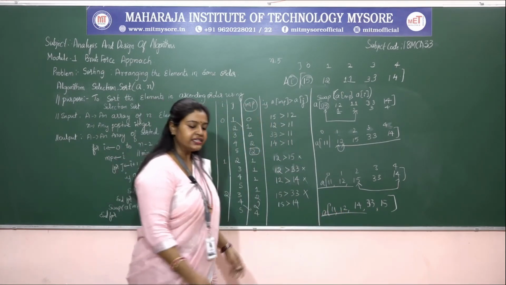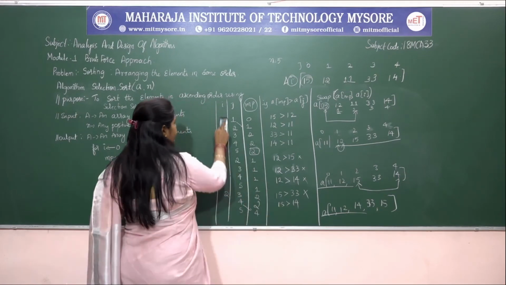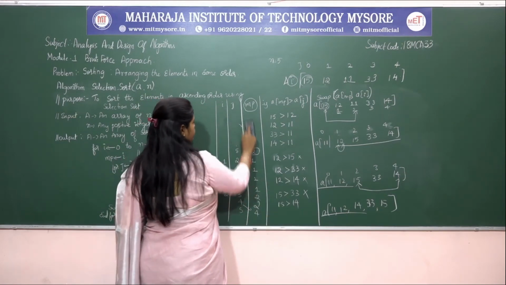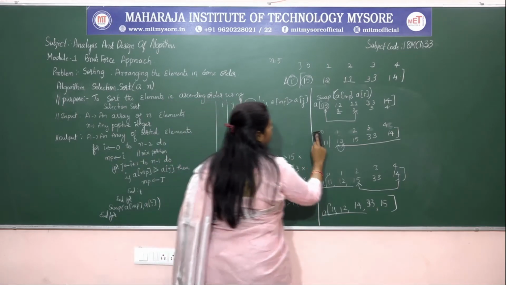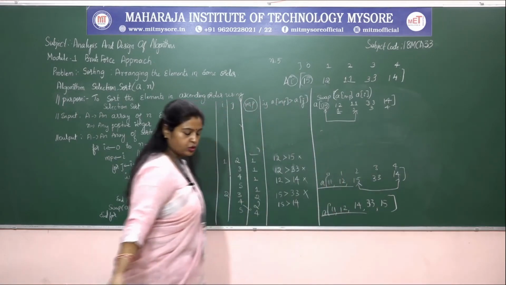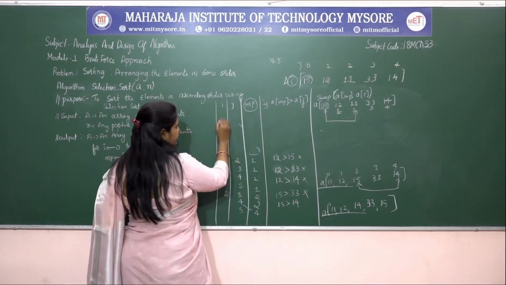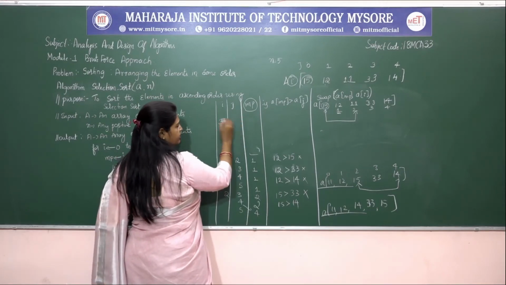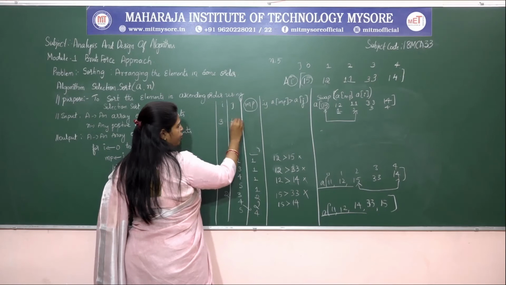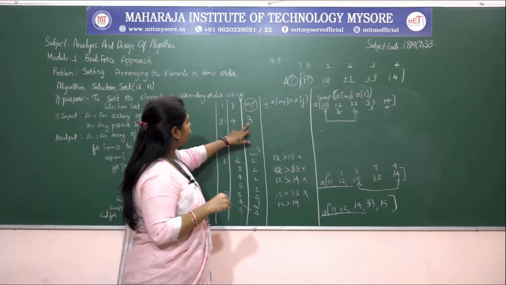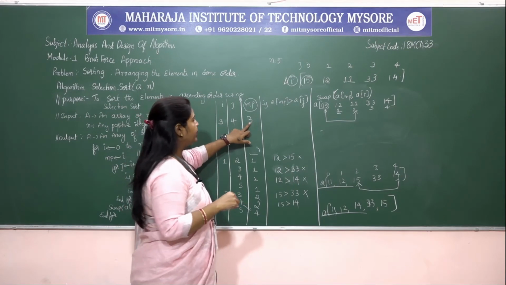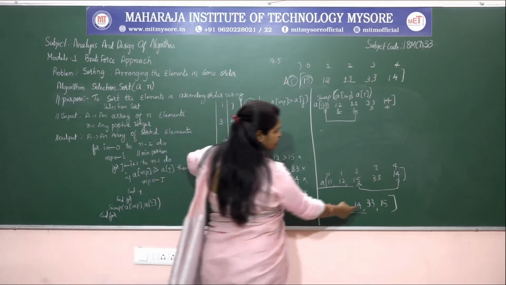Now i gets incremented. If i gets incremented, i is 3. What is j? 3 plus 1 is 4, and MP is 3 as it is. The third position value, what is in the third position?